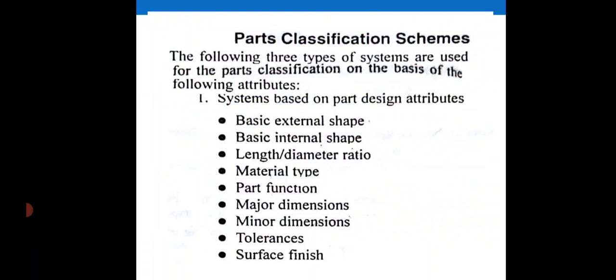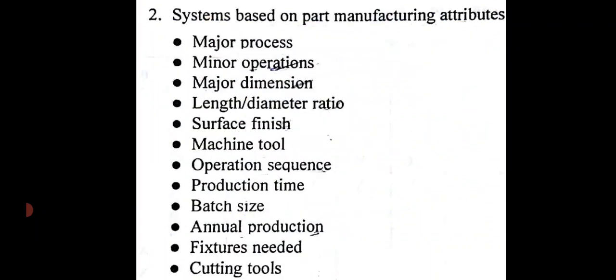First, the system based on part design attributes: external shape, internal shape, length to diameter ratio, material type, part function, major dimension, minor dimension, tolerance, surface finish. These are the part classifications based on design attributes. Second, manufacturing attributes: major process, minor operations, major dimension, length to diameter ratio, surface finish, machine tool, operation sequence, production time, batch time, manual production, cutting tool.